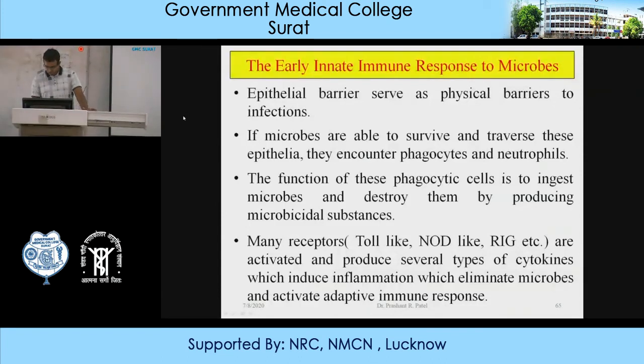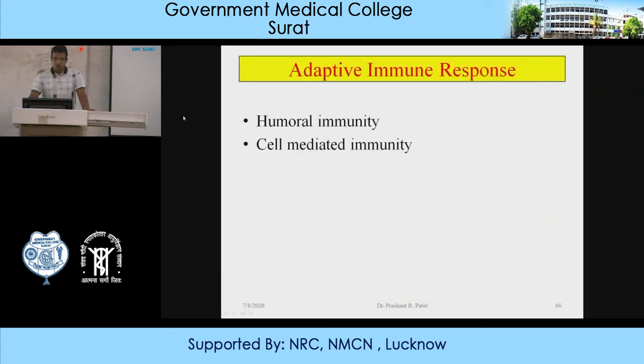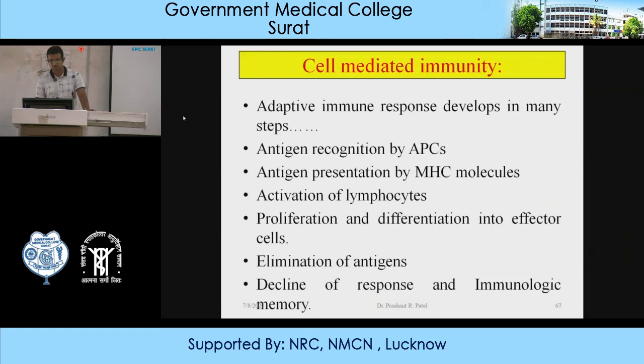We already discussed how the innate immune response develops. The adaptive immune response has two types, humoral immunity and cell-mediated immunity. The mechanism of cell-mediated immunity develops in many steps. First is antigen recognition by the antigen presenting cell. Then after processing of the peptide antigen inside the antigen presenting cell, it is presented by MHC molecules.